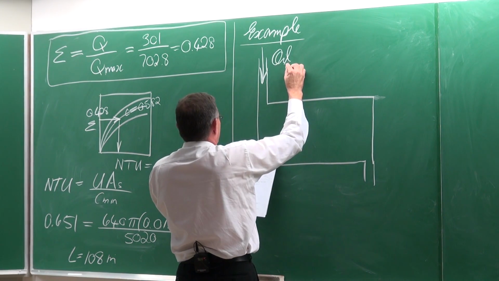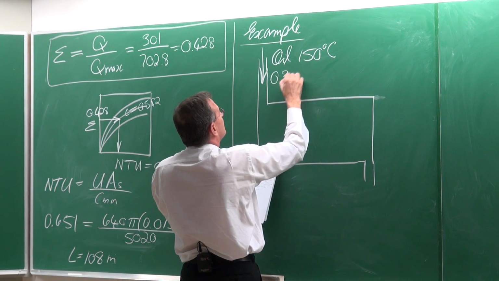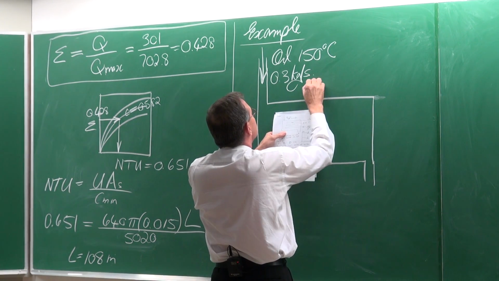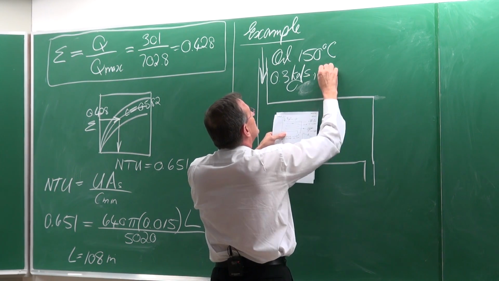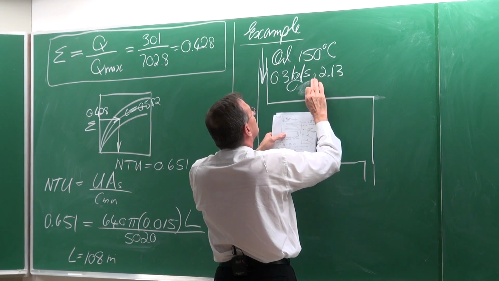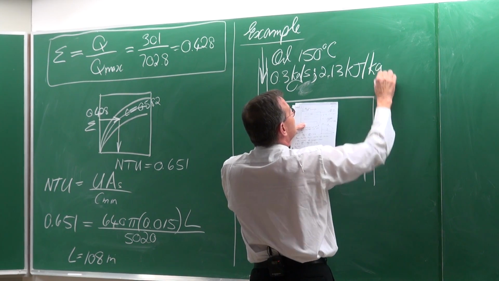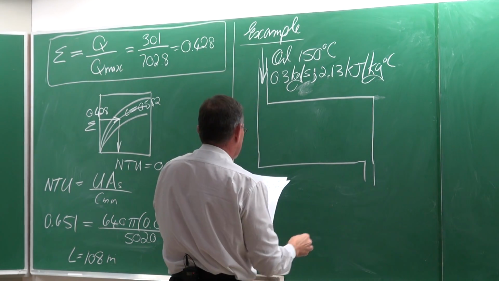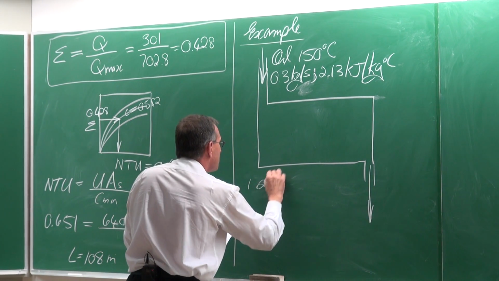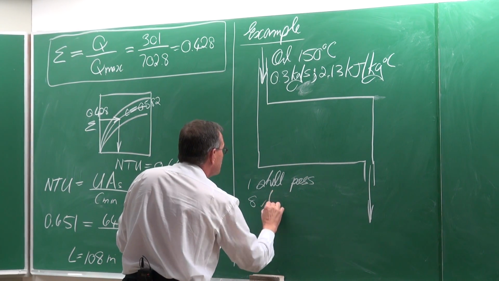In this case, we've got oil at a temperature of 150 degrees Celsius, a mass flow rate of 0.3 kilograms per second, and a CP value of 2.13 kilojoules per kilogram degree Celsius. And it is a one shell pass and 8 tube pass heat exchanger.